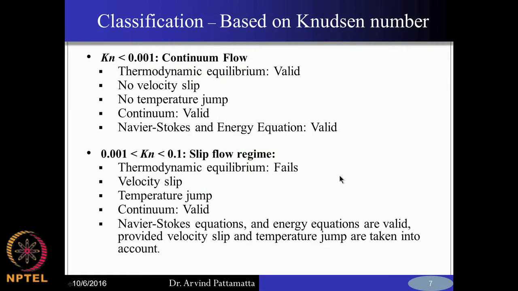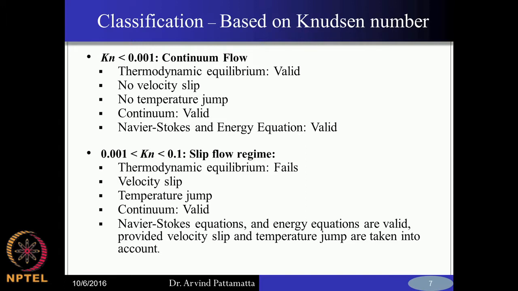Okay. So we have already looked at different regimes of fluid flow, where the continuum approximation is valid and where you have to go to sub-continuum. Typically when the Knudsen number is much smaller than 0.1, that is, 0.001 and lesser, this is your real continuum flow. In this regime thermodynamic equilibrium is valid, there is a perfect no-slip condition for velocity and temperature at the boundaries, and you solve your conventional Navier-Stokes equations.